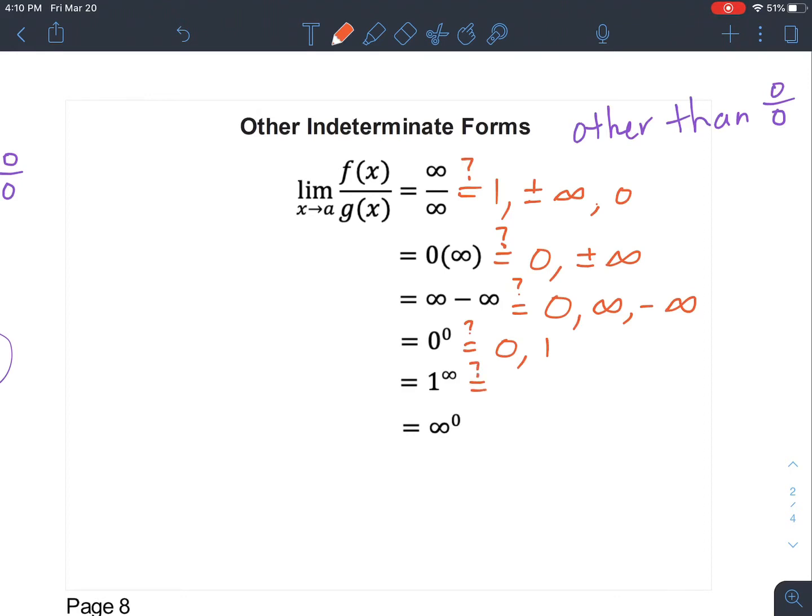The reason: 1 to any power is supposed to be 1, but then anything to the infinity power is supposed to be infinity, so that one does not exist, so that has to be indeterminate. And then finally, our last one, infinity to the 0 power. So infinity to any power is supposed to be infinity, but then anything to the 0 power is 1.